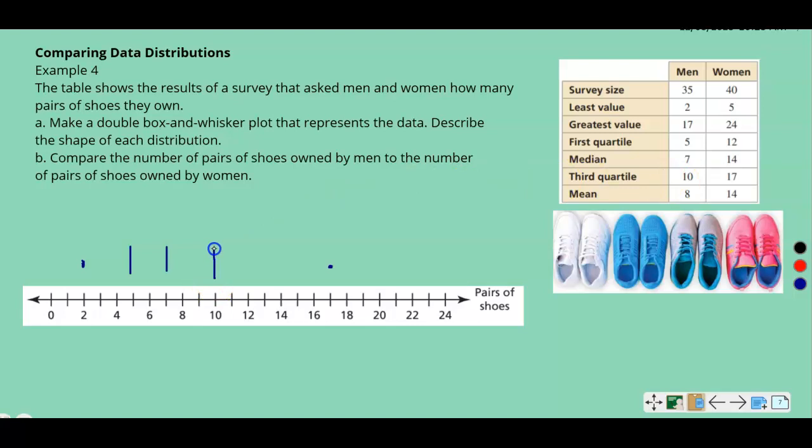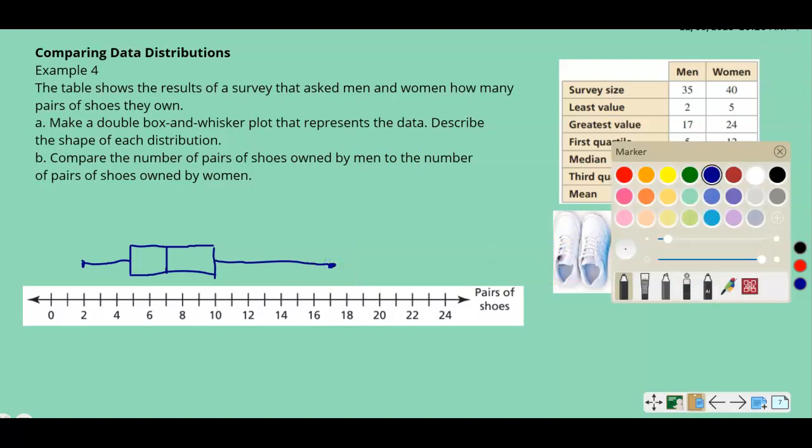So you can see they already give us the data we need to make this box and whisker plot. All right, I'm going to draw my box here in the middle and then attach my whiskers to the box. All right, so that is for men.